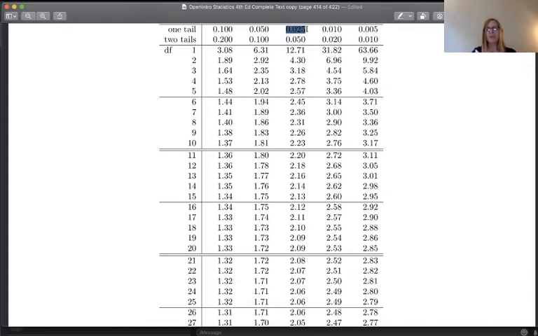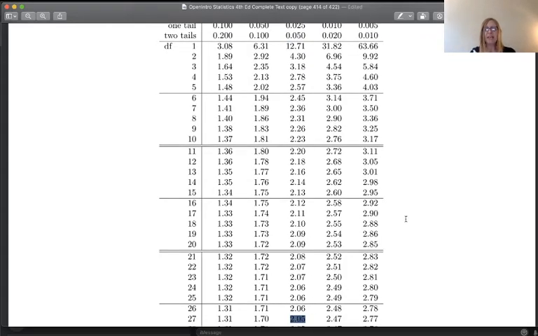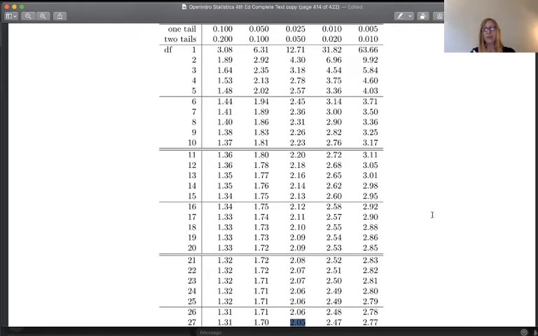Each of the individual tails have 0.025. The two of them together have 0.05. So those are exactly the same column. And when we match it up here at the bottom, there is the critical value that we're looking for, 2.05. That's my critical value.